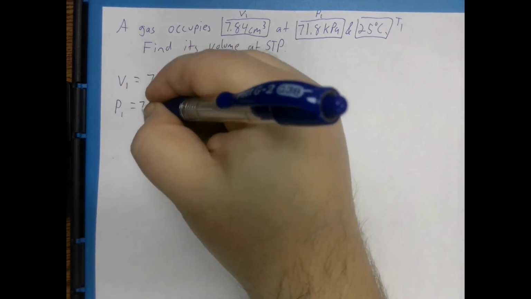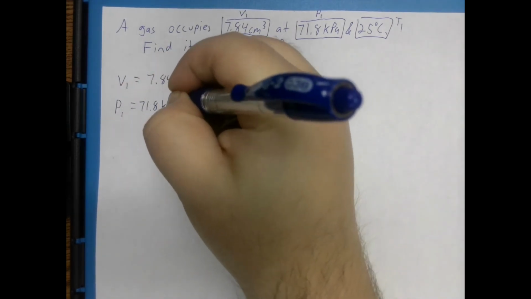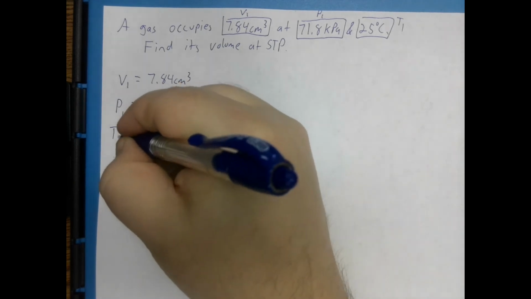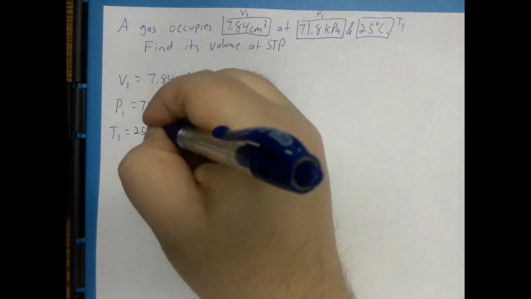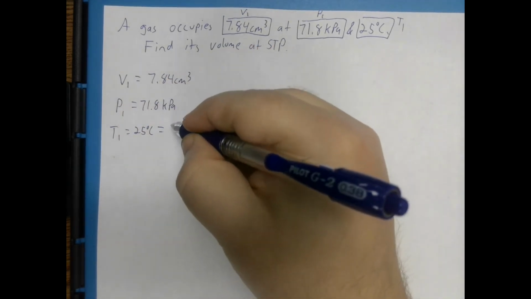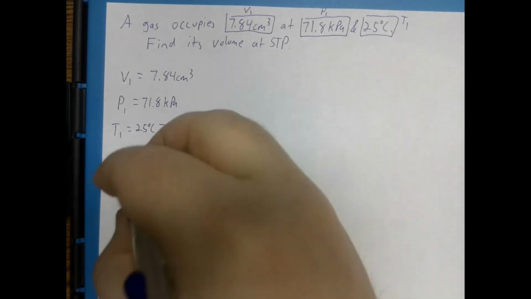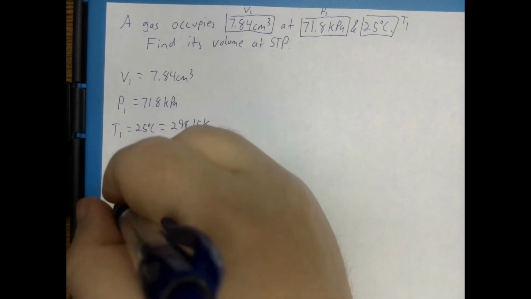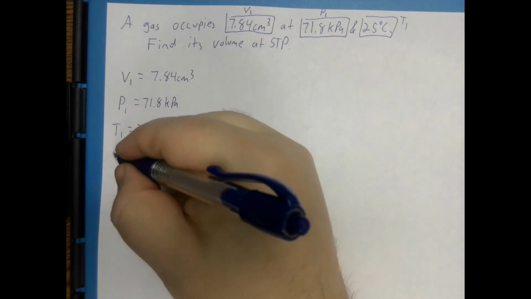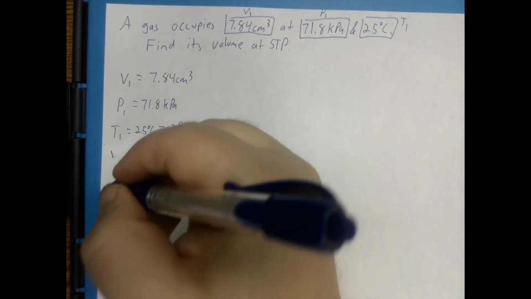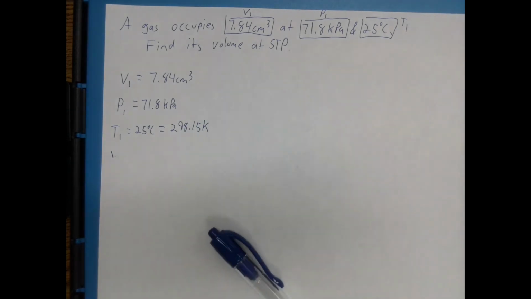Initial pressure is 71.8 kilopascals. And initial temperature is 25 degrees Celsius, but we need to convert that into Kelvin. We can't use relative temperature degrees Celsius. We have to use absolute.